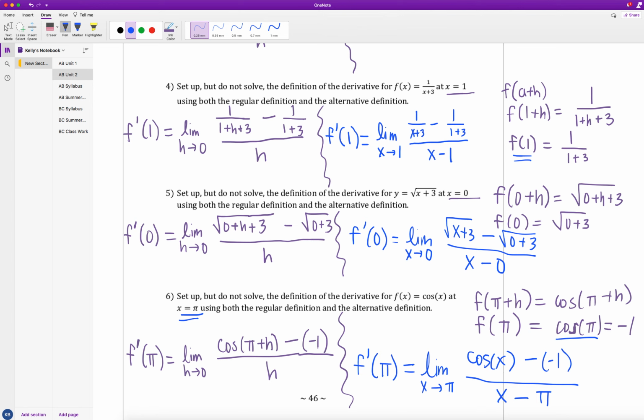And after we learn all of our shortcut rules, an easier way to take some of these limits would, instead of trying to algebraically manipulate them and combine like terms and go through that whole algebraic mess, be to recognize that that's a limit that represents the derivative of a function, and instead find the derivative of that function and then substitute in that a value. So in this section, I did want us to get a lot of practice with writing the definition of the derivative using both the regular and the alternative definitions at different a values.